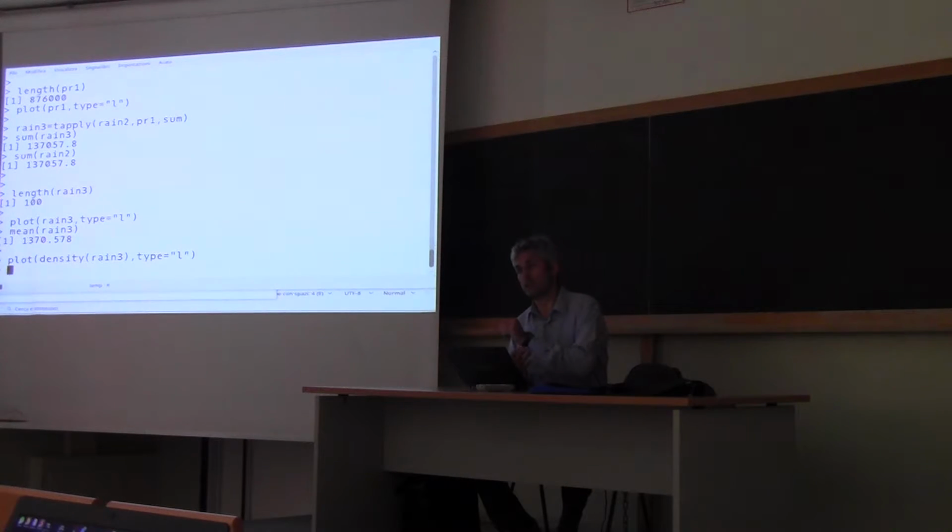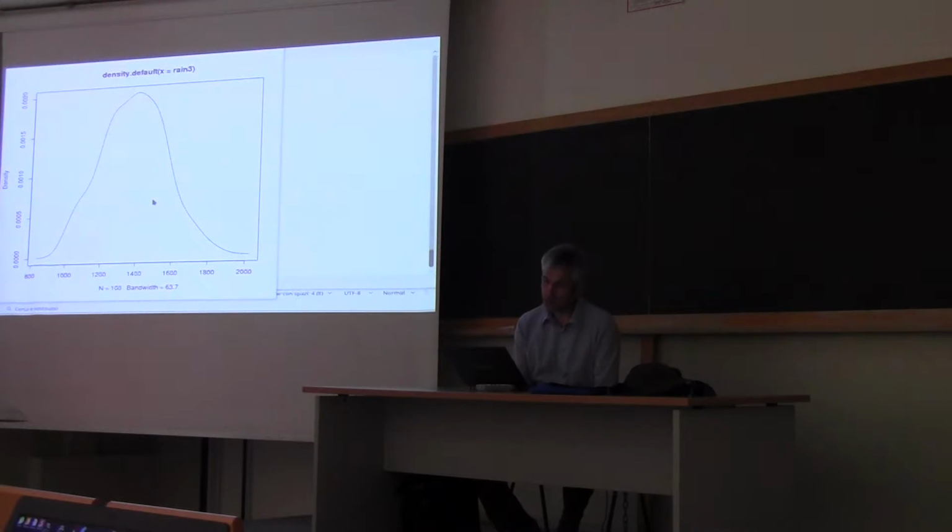If there is something that you don't understand in what I'm doing, please stop me. The distribution indeed is quite nice. It's not really Gaussian. You see that it's not symmetric, but still, it's not far from Gaussian.